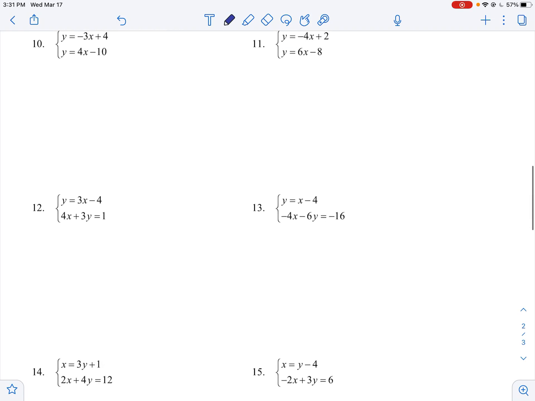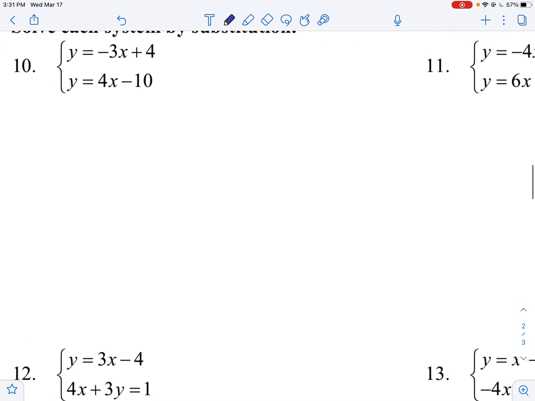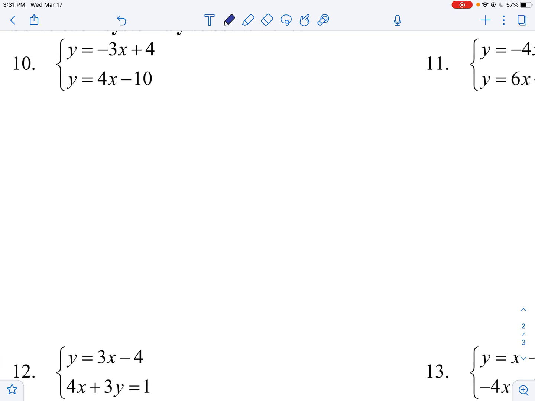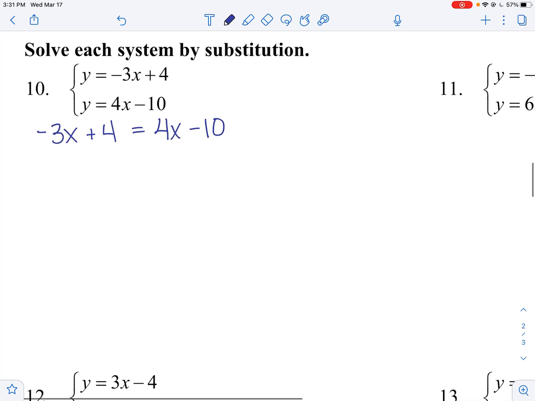So, since these are both equal to y, we can set them equal to each other. So we're going to write negative 3x plus 4 equals 4x minus 10. Now, the steps to solving systems of equations. First, we want to get all the x's on one side, or all the variables on one side.